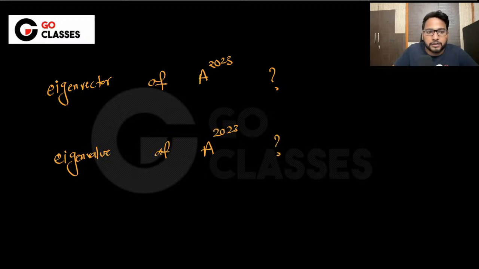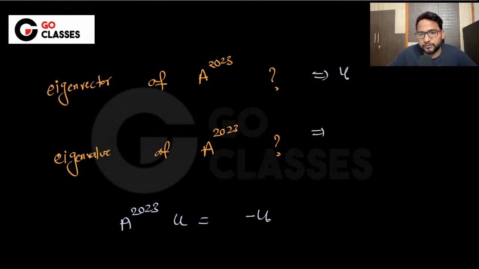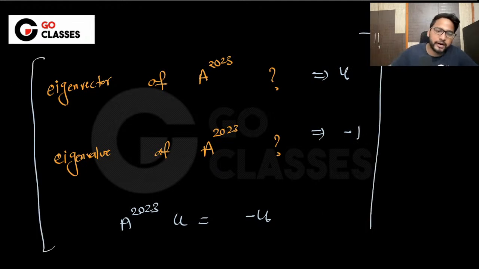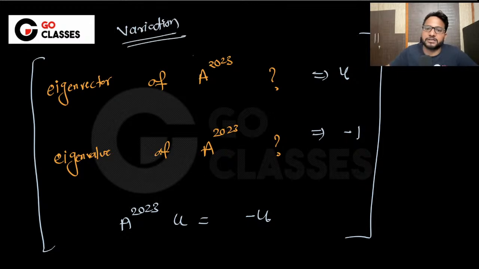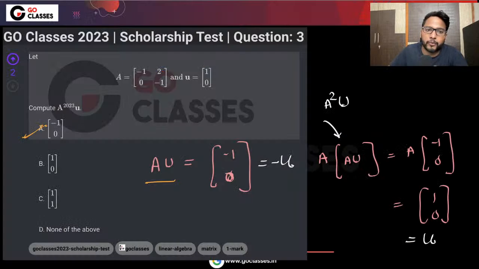Since you know that A 2023 U is giving you minus U, you will say the eigenvector will be U and eigenvalue will be minus 1. They could have asked this question also. You can consider it just like a variation. I hope you understood now.